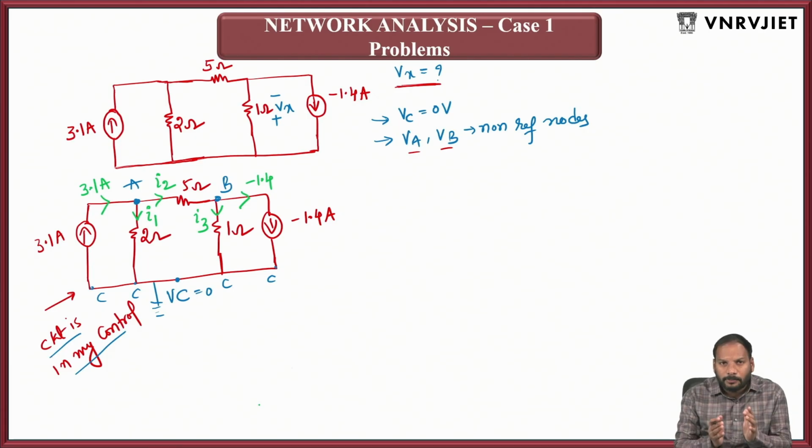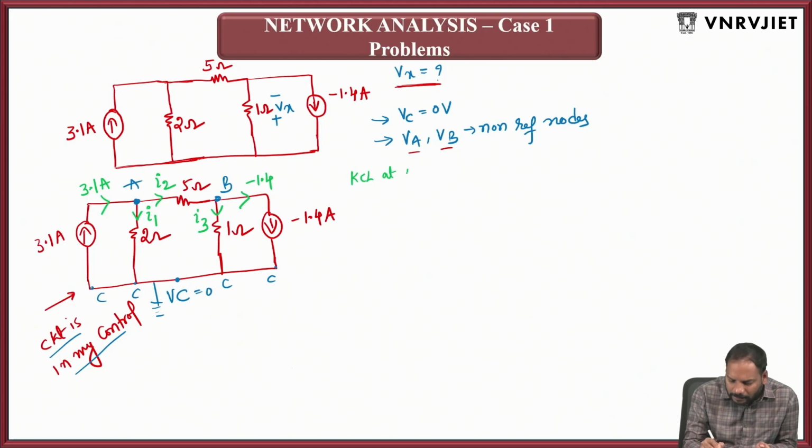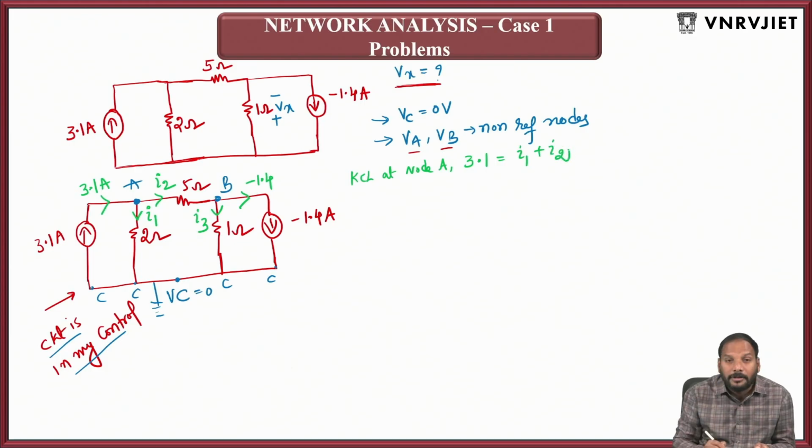Now what is the next step in the procedure of nodal analysis? Applying KCL at node A. You need to apply KCL at node A. So what is the KCL at node A? 3.1 entering is equal to both I1 and I2 leaving. Now apply Ohm's law.